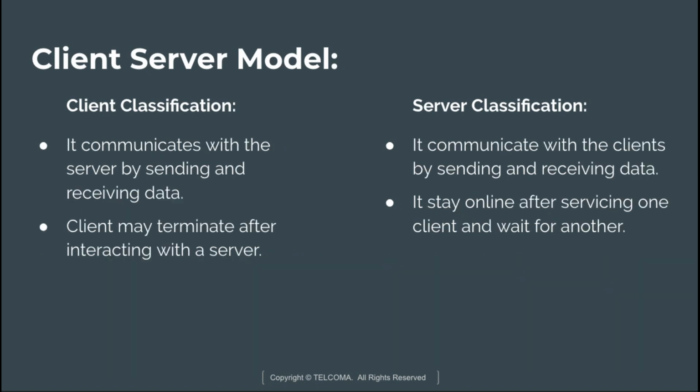The client communicates with the server by sending and receiving data, and the server similarly communicates with the client by sending and receiving data. The client may terminate after interacting with the server, but the server will stay online after serving one client and wait for another. So this is the client and server classification.